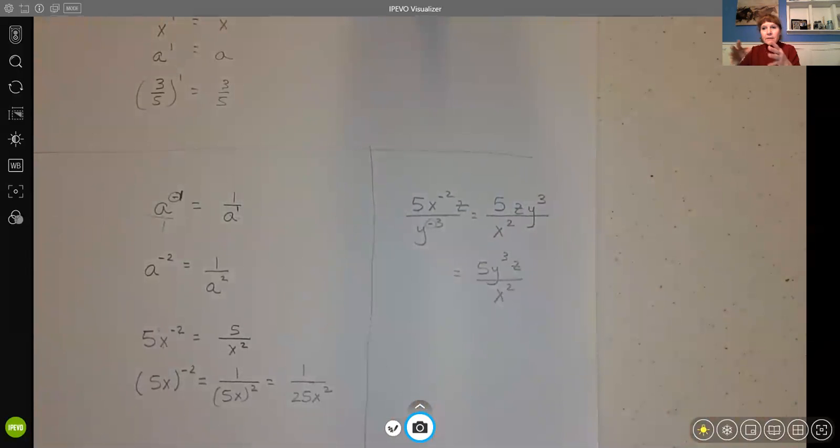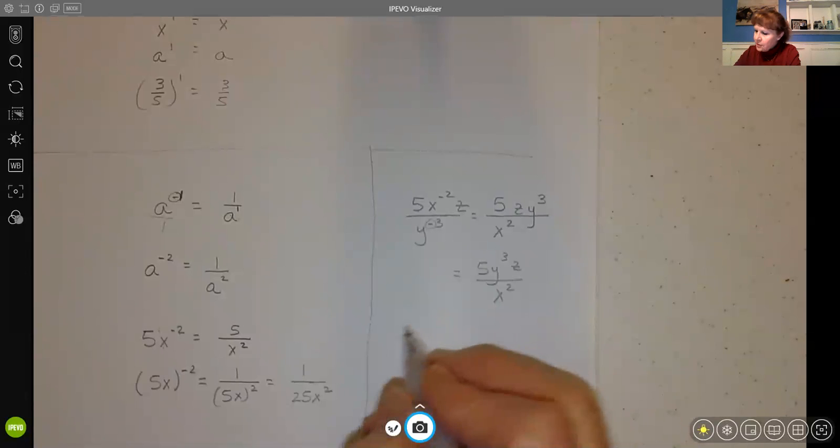So you take these individually, moving them from numerator to denominator, denominator to numerator. When they have a negative exponent, you move them, but once you've moved them, the negative disappears. So that's what the negative exponent does. It's not really too bad. What it does not do is change the sign on the answer.